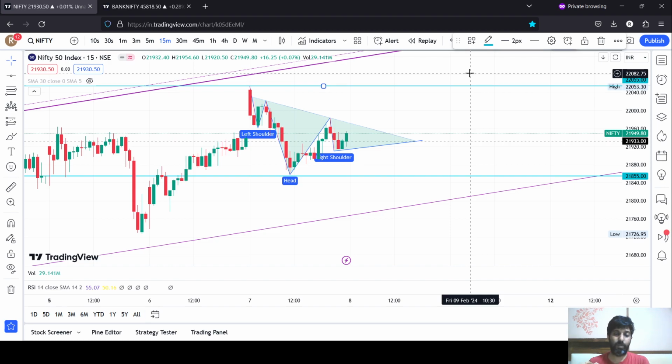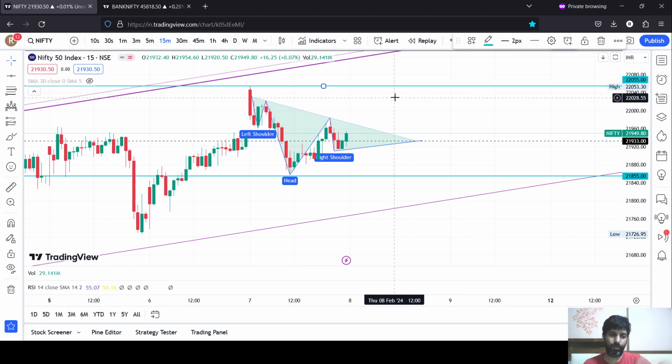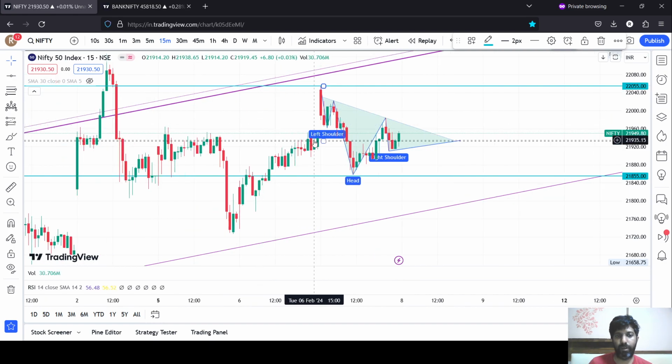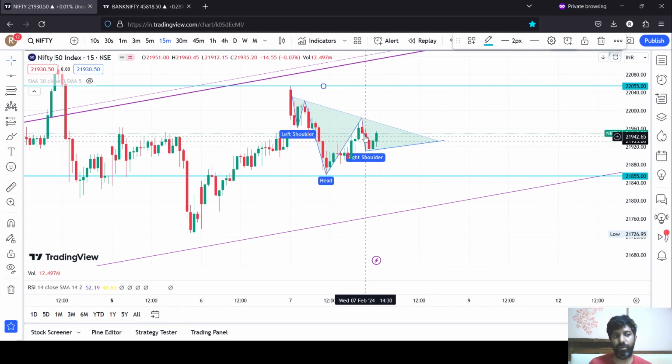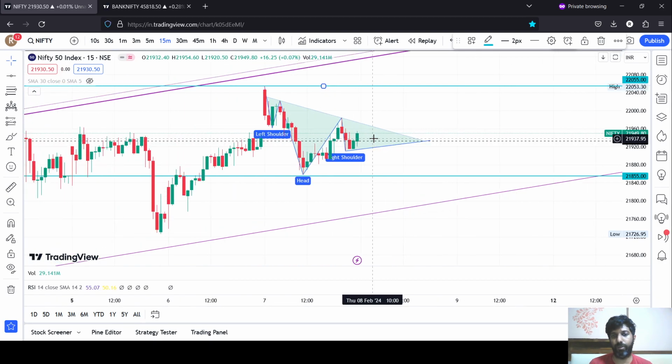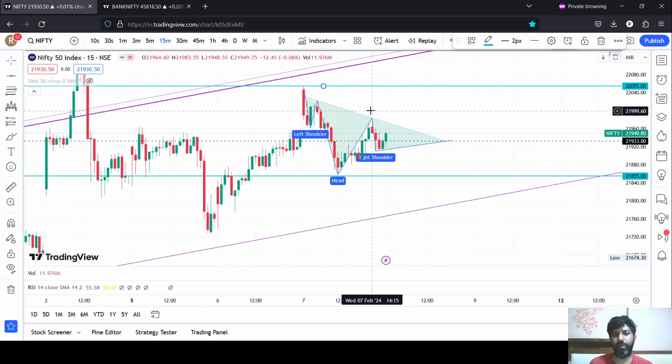If the RBI policy is in favor, or if the market sentiment sees the RBI policy as favorable, that will trap all those who have had selling positions here, and that will lead to a short covering rally, which will take Nifty to very high levels, right?